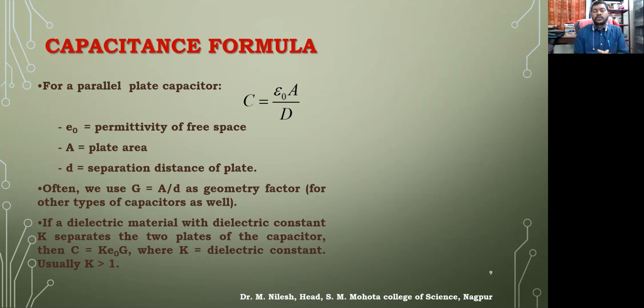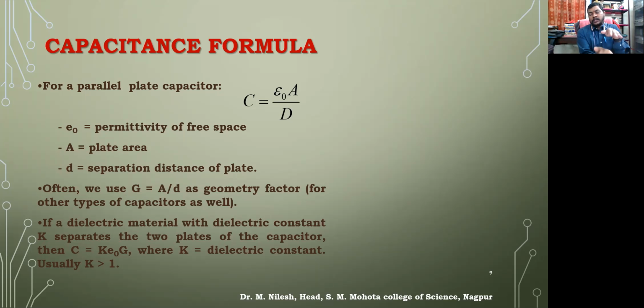It is a whole chapter of electrostatics, and in that we have derived this equation, C equals epsilon 0 A by D, where epsilon 0 is the permittivity of free space, A is the plate area, and D is the distance between the two plates.